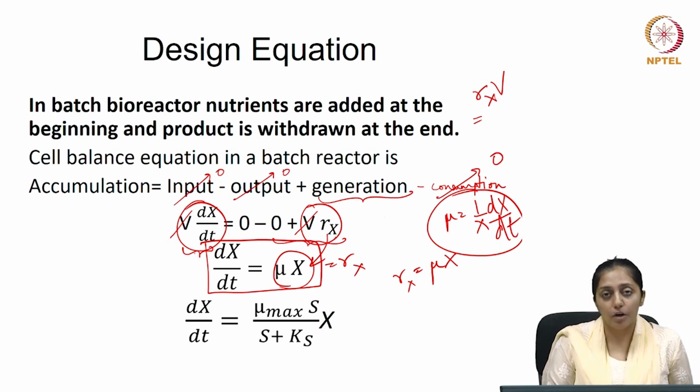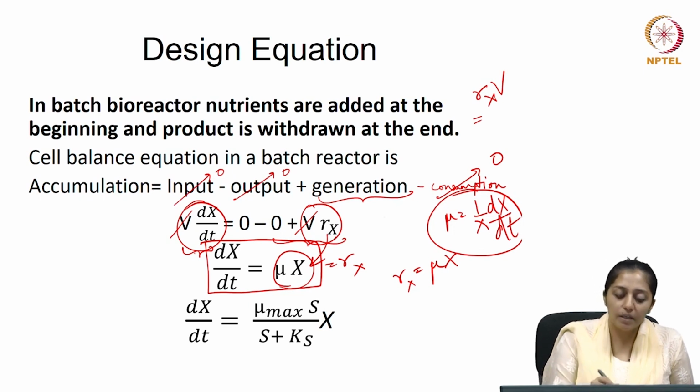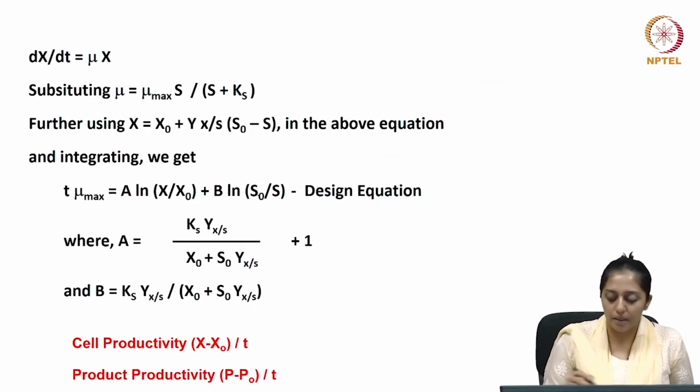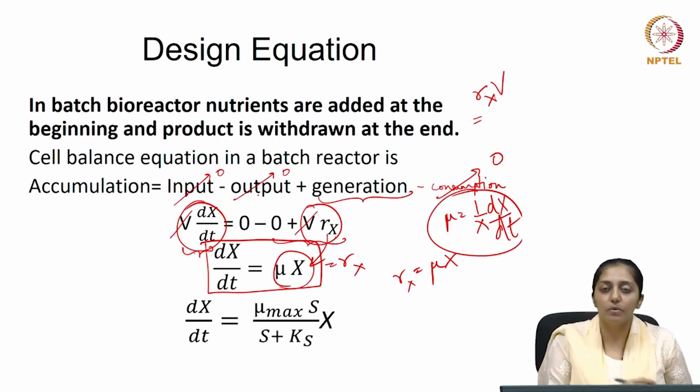It may or may not be the same in a fed batch or a continuous reactor. I hope you can make out, because the input, the output streams will not be 0 in those cases.